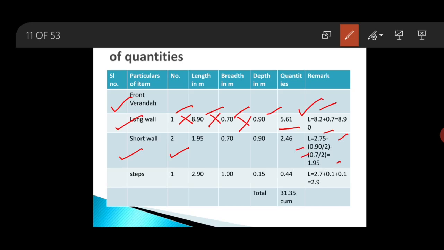So this will give you the length as 1.95. Breadth is 0.7, depth is 0.9. These two, breadth and depth, remain the same. By multiplying all these four, we will get the quantity as 2.46 cubic meter.